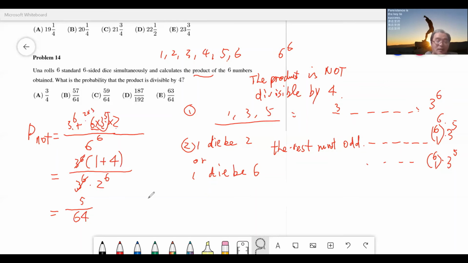So then P of divisible by 4 equals 1 minus 5 over 64, which equals 59 over 64. So looking at the answer, C is correct.